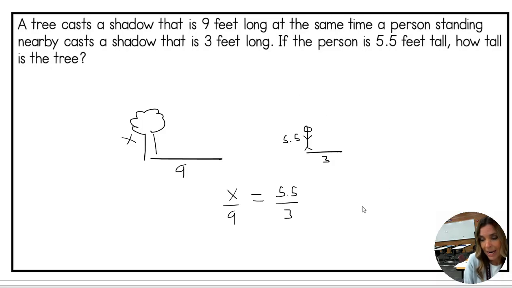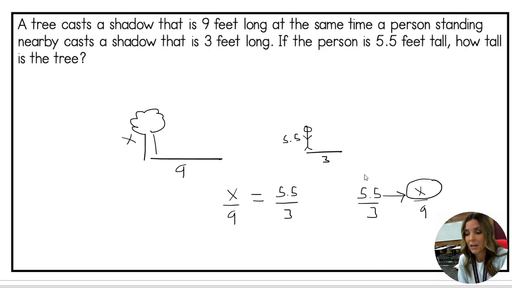And actually in this case, because we want to know how tall the tree is, I'm going to set this up as 5.5 over 3, and then we're going to do x over 9, okay? Because that's what we're really wanting to know is how tall the tree is, and we're using the ratio of what we know about the person's height over the person's shadow.